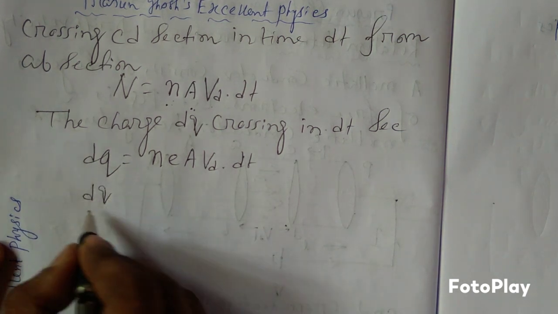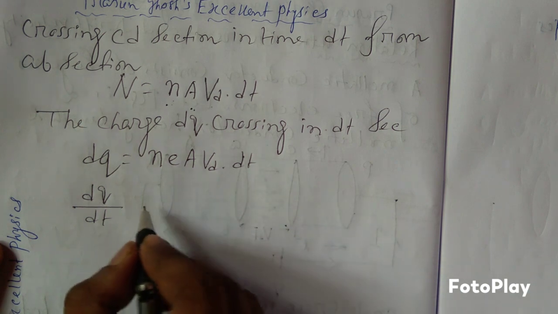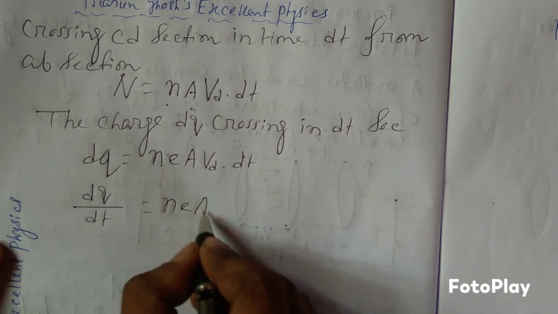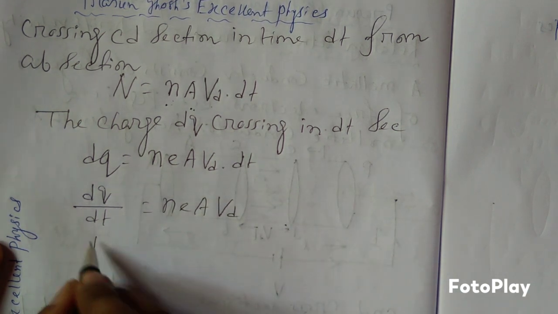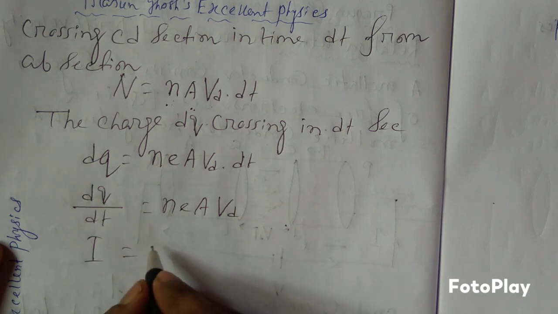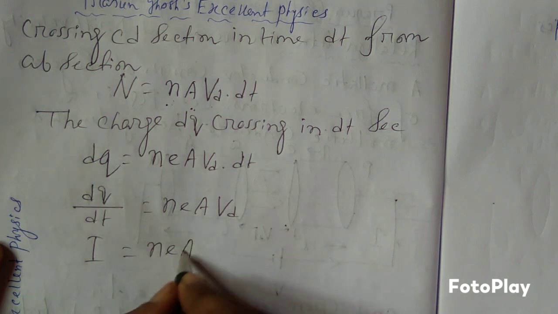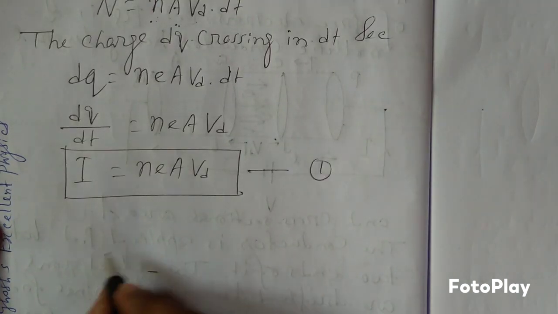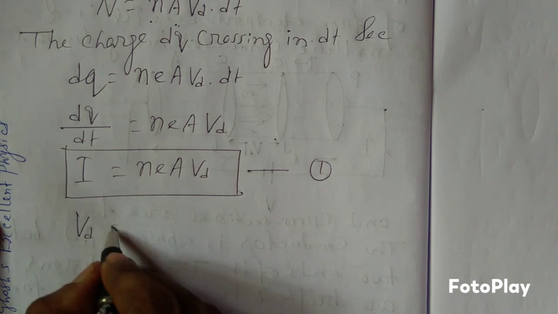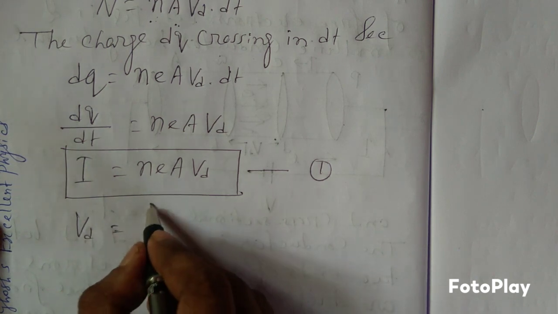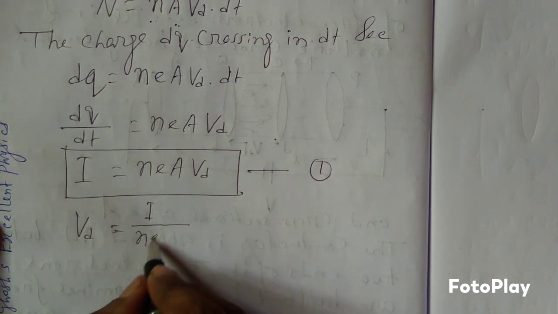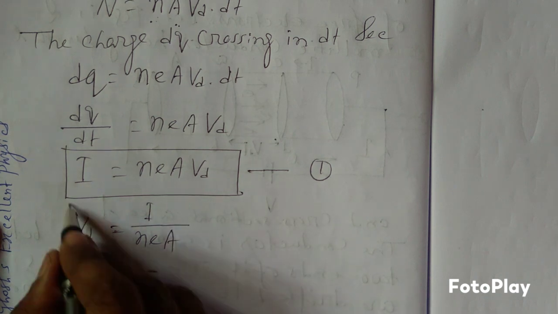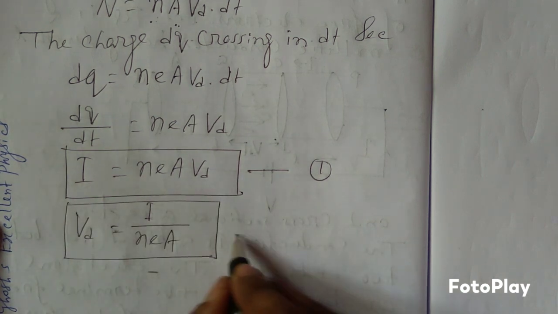From this equation we can write I equals n e A Vd. This is a very important relationship, and we can also get Vd equal to I by n e A. This is equation number 2.